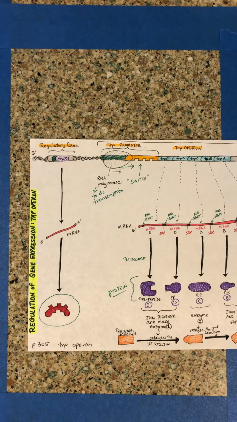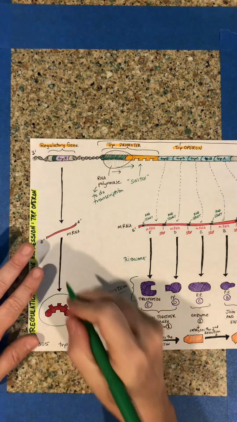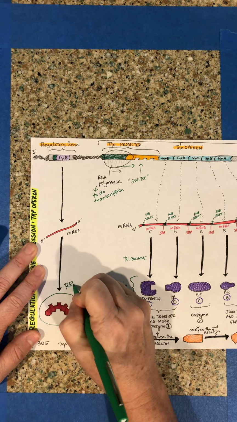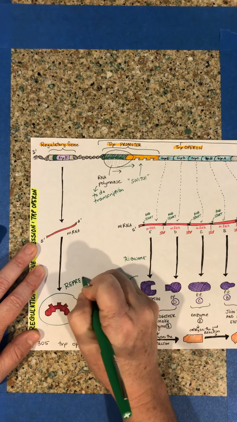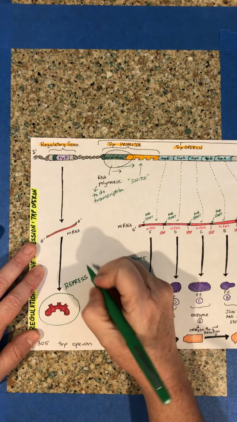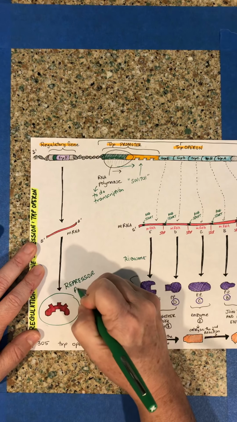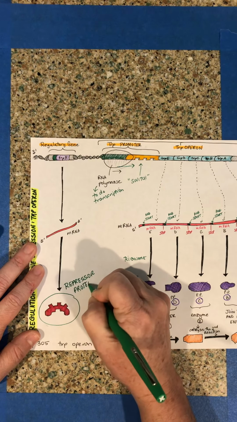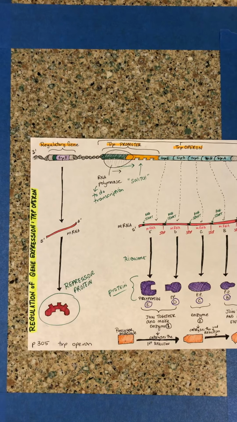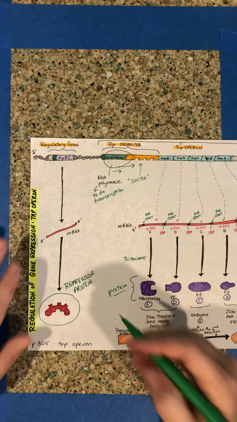It's super important because this is your repressor. A repressor protein is a protein that can stop the whole process from happening.